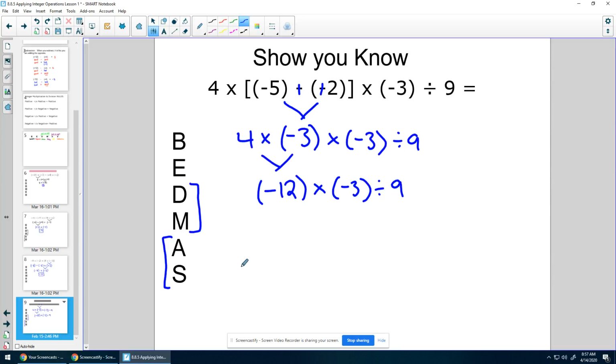Okay, and now we have multiplication again. So we're going to solve that. Negative times a negative gives us a positive. So that is 12 divided by 3 is 4. And then drop down our last operation.